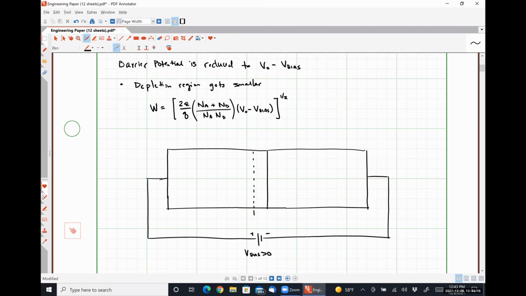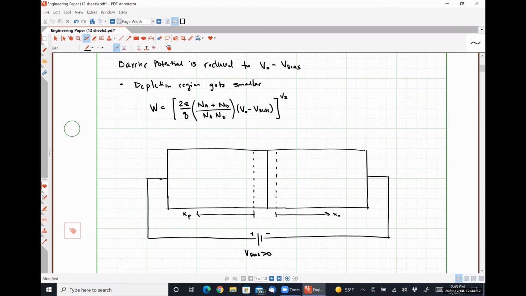I'm going to call this direction X sub P, and this direction to the right X sub N, representing the distance from the edge of the depletion region further into the crystal on either side, right?